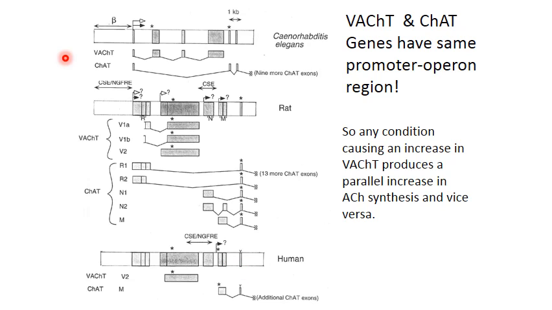There appears to be a natural single regulatory piece of DNA for both the synthesis of the neurotransmitter and the transporter that's going to package that neurotransmitter into the vesicles, so that if there's a need to upregulate the vesicular contents, both are upregulated or downregulated in parallel.